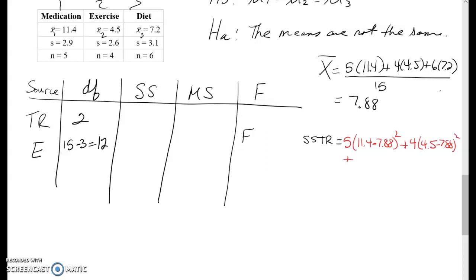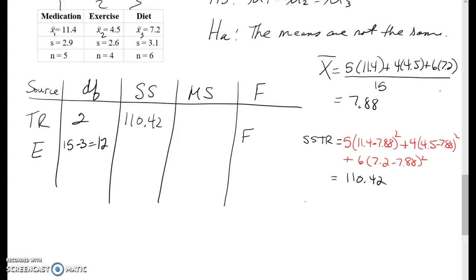And the third one is 6 times (7.2 minus 7.88) squared. If you go ahead and do that calculation, you will see that SSTR comes out to 55.21. Not 55.21, I apologize. I was looking at the wrong number. It's 110.42. There you go, 110.42.